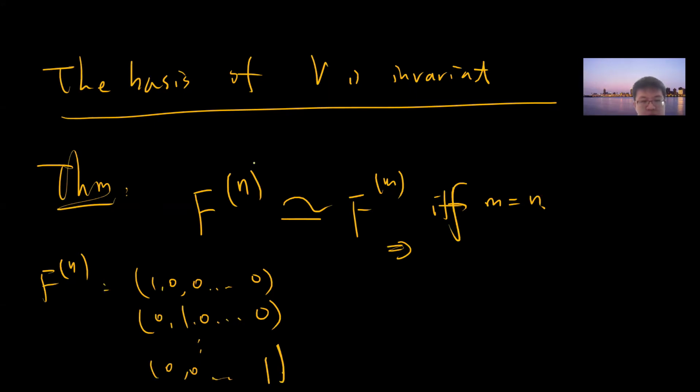So the number of basis elements is N, and for F^m it is M. Obviously, if M is not the same as N, it's not isomorphic. If M is the same as N, then this is trivial. And if they're isomorphic, that means the number of basis elements is the same, so you prove this direction. So M must be equal to N, because the basis of V is invariant.